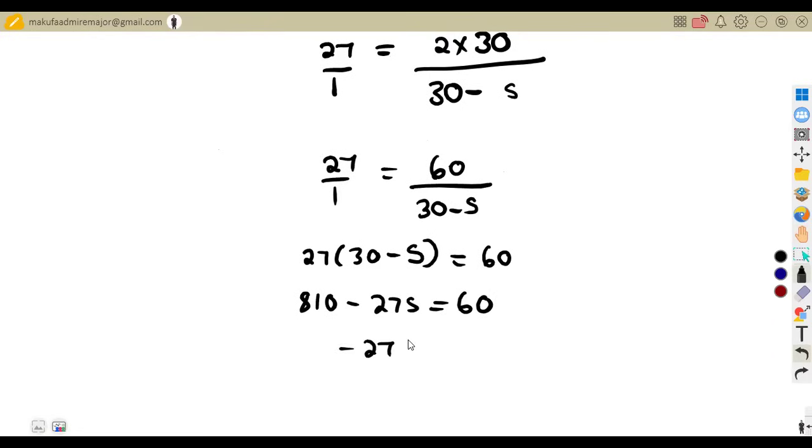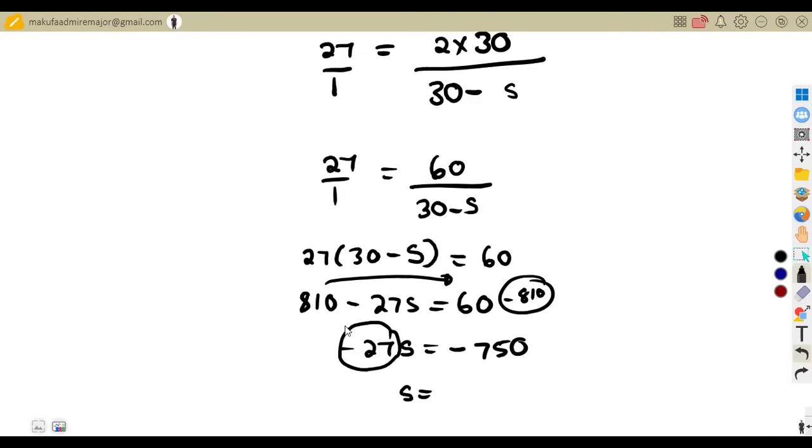So minus 27S is equal to, transposing this to the other side, we subtract, which gives minus 750. All right. So to find S in this case, we divide by negative 27 both sides, which gives 250 over 9, which is simply 27.7777, and so on.